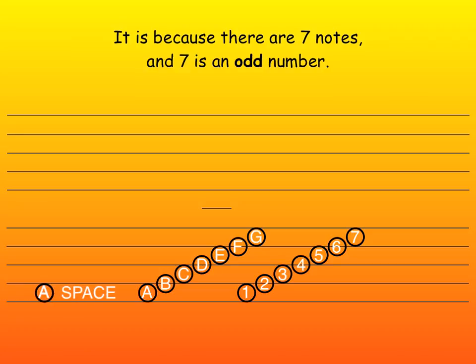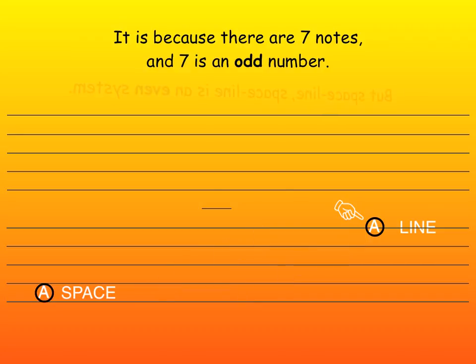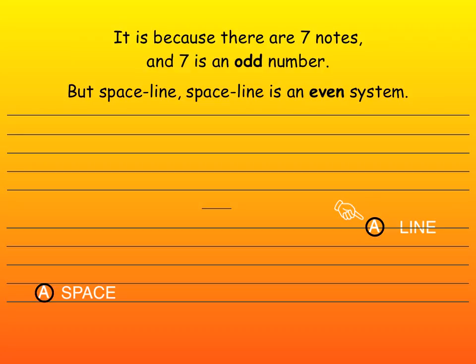So the first A is a space note, and the next A up is a line note. Seven is an odd number, but space-line is an even system, and the even and odd don't go together.